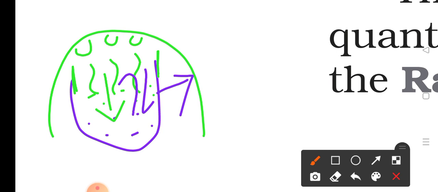The pressure exerted by that vapor, these are vapors, right, is known as vapor pressure. And these vapors are formed from these liquids only.